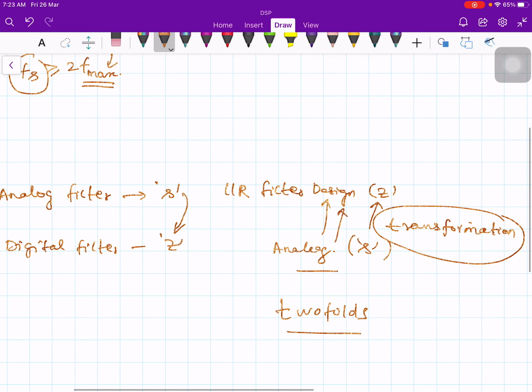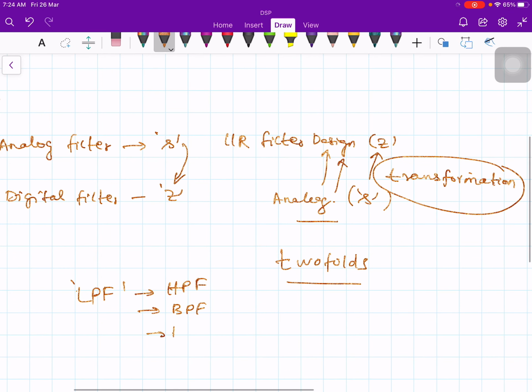It is also a fact that a discussion of low pass filters is adequate. Why? Because a low pass filter can be converted into any other kind of filter. You can convert it into a high pass filter, a band pass filter, or a band stop filter.